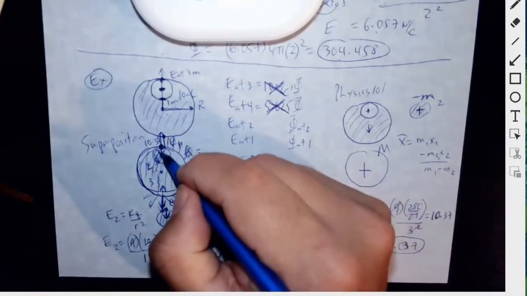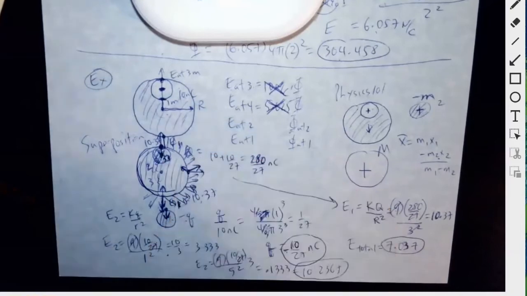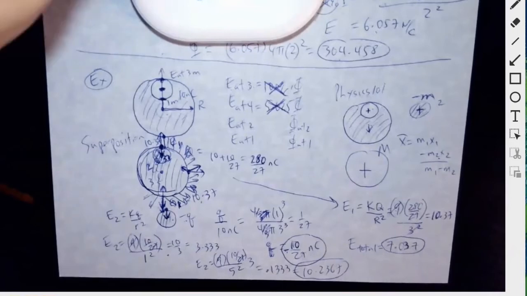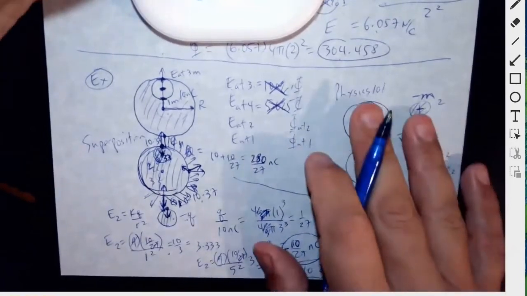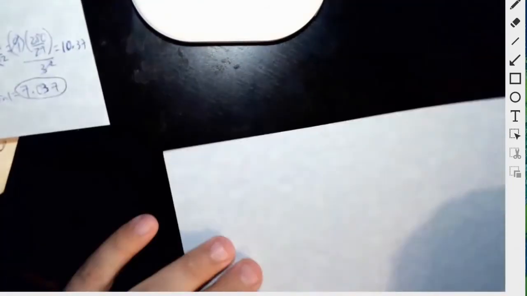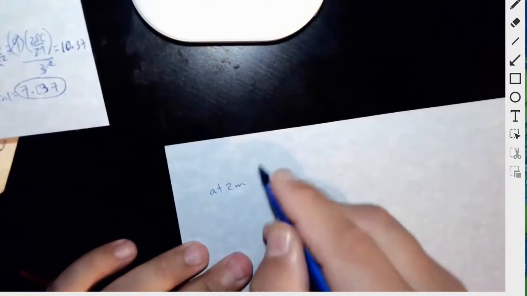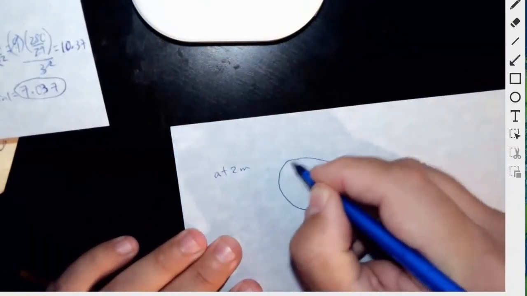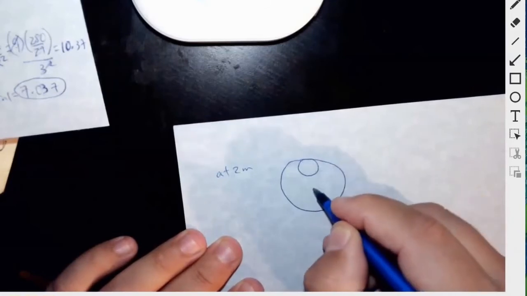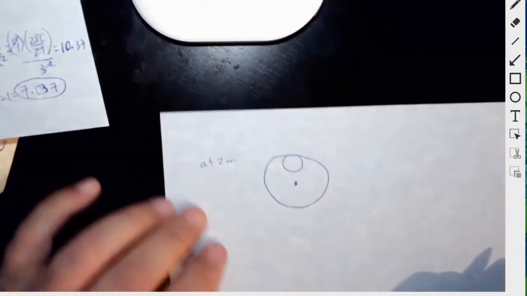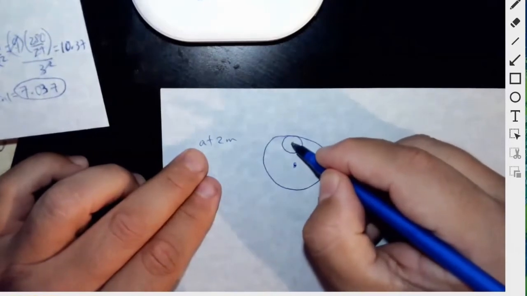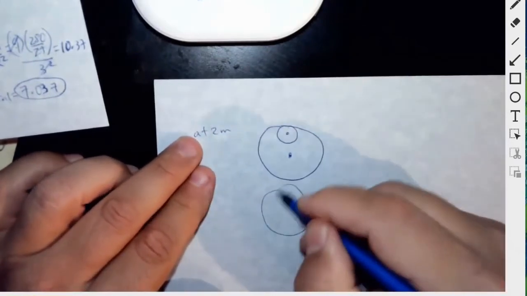Okay, what would be the electrical field right at the center of the hole? Okay, so that would be at 2 meters, right? So at the center of the hole, you again do the positive charge.